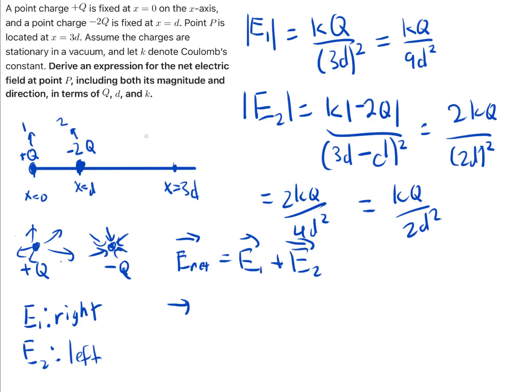Let's say that we choose this direction to be the positive x direction, and this is the unit vector in the positive x direction. I'm just going to call it i hat. If we draw the diagram again, E1 at x equals 3d points to the right, and E2 points to the left. And we have their magnitudes already found there.